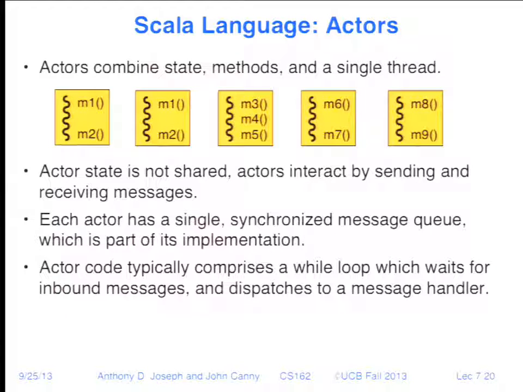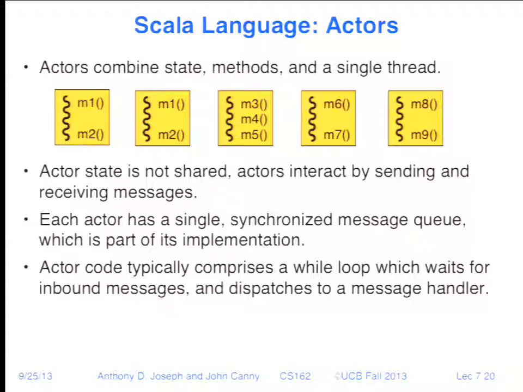Actors interact by sending and receiving messages, normally without any notion of blocking. Rather than function calling, it's a message passing paradigm, which means if you want a return value, you actually have to wait for and receive a return message.